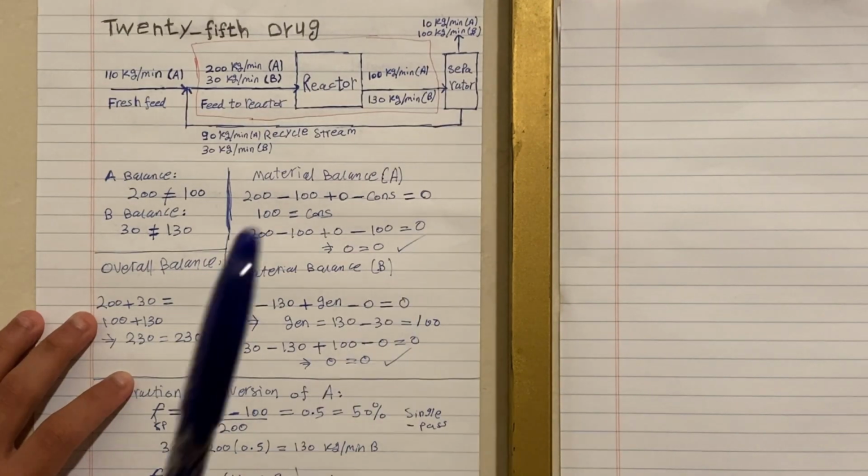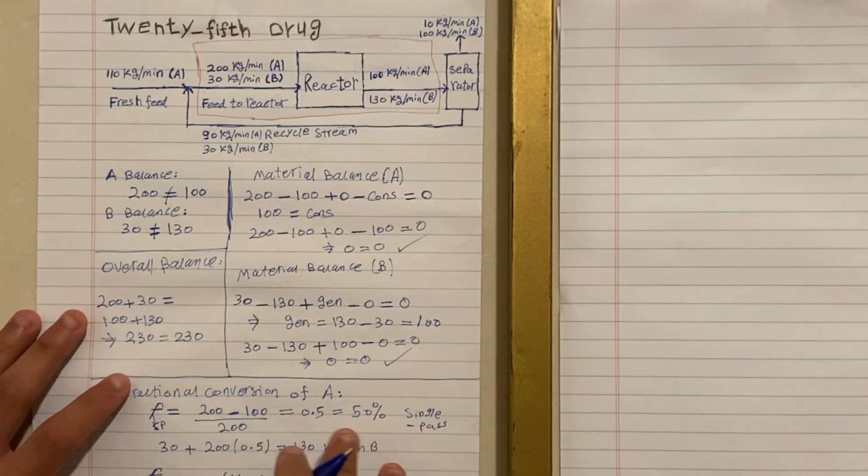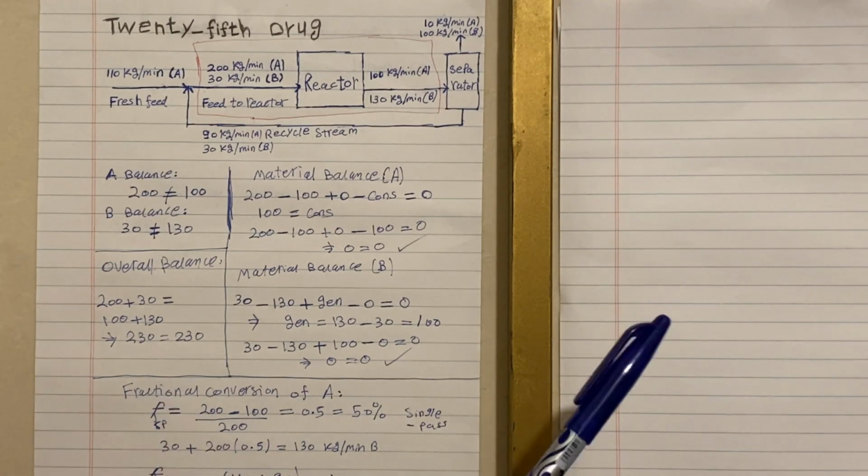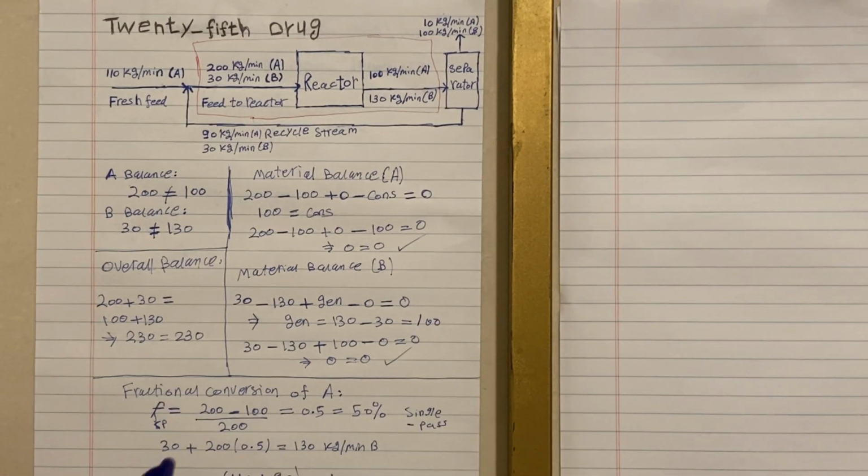Definitely, if you are designing a chemical plant in a true way, not in a disastrous way, then you should get an overall fractional conversion higher than this 50%, which is the fractional conversion of the single pass type. 95% conversion overall.